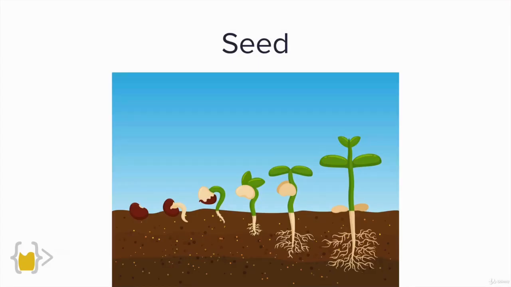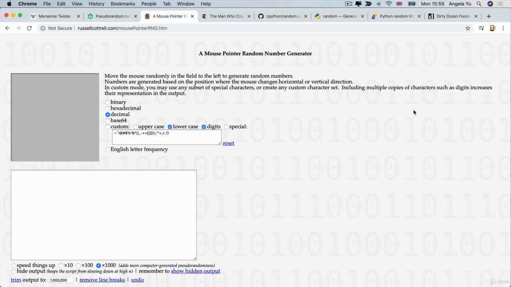Now, one of the easiest ways of getting the computer to generate some random numbers or random sequences is by using something called a seed. If we give these mathematical equations something truly random to start with, then they can extrapolate from that and create random numbers or random sequences depending on what it is that we need. This seed can be any number of things.